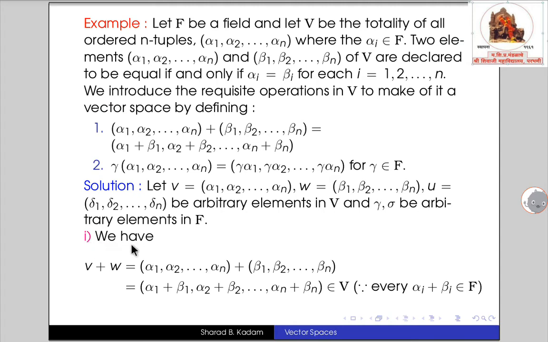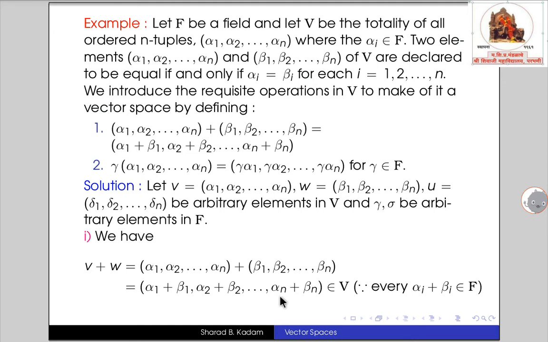So the first property, closure property with respect to addition. V plus W, here V is in brackets alpha 1, alpha 2, alpha n, W is in brackets beta 1, beta 2, beta n. So we add them component wise. After addition, the first component is alpha 1 plus beta 1, the second component is alpha 2 plus beta 2 and so on.